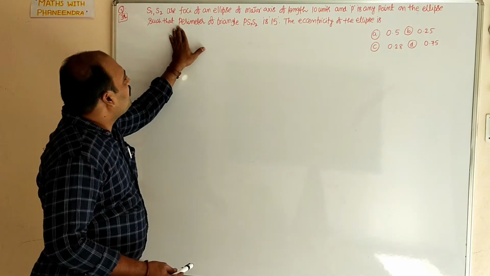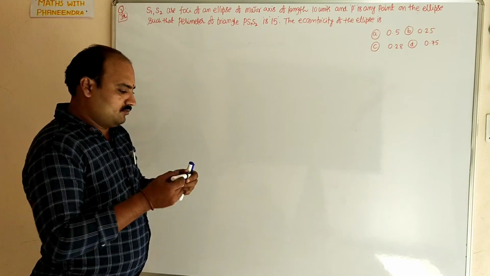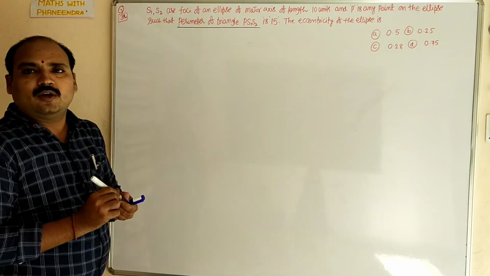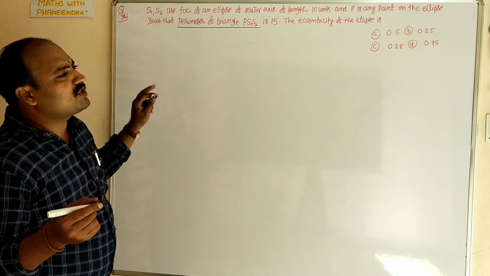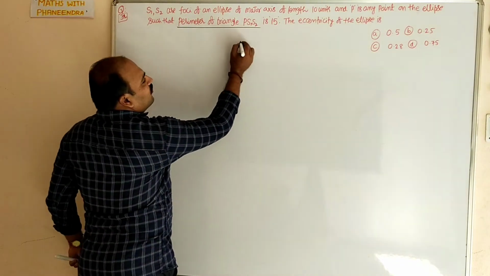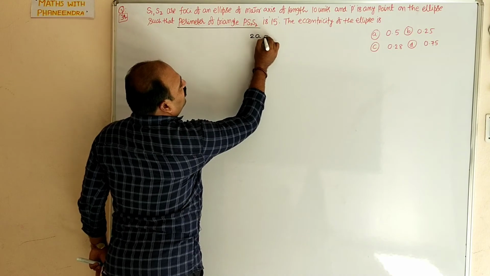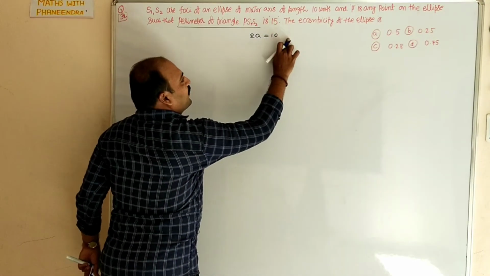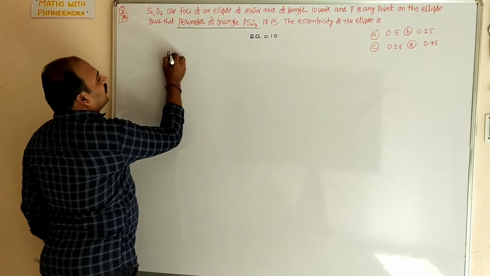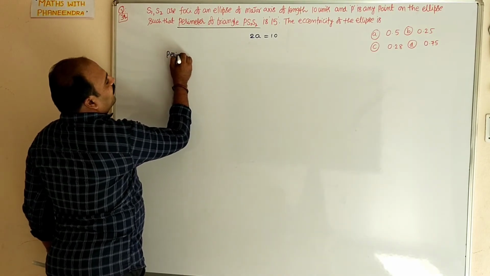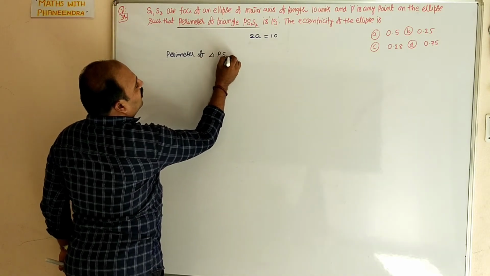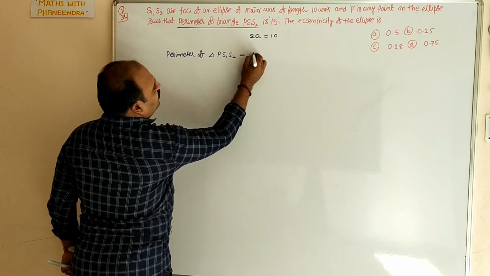So here they mention the perimeter of the triangle. The perimeter of the triangle is 15. First, whatever information is given, you have to write it. Length of major axis 2a is equal to 10. Next, perimeter of triangle PS1S2 is equal to 15.